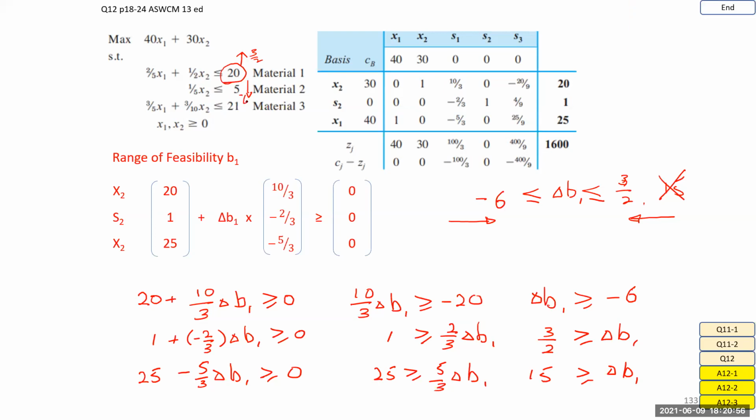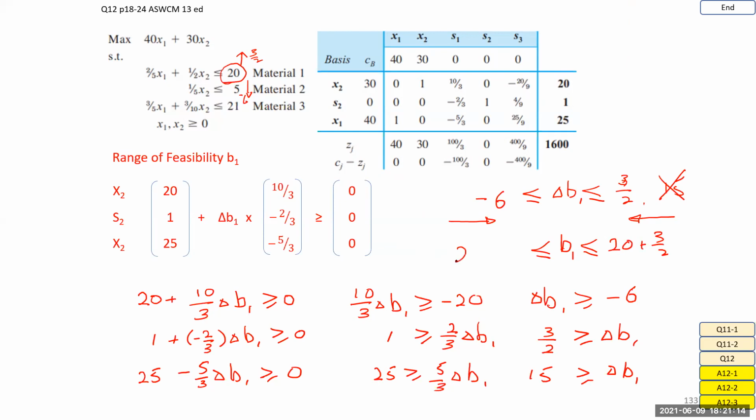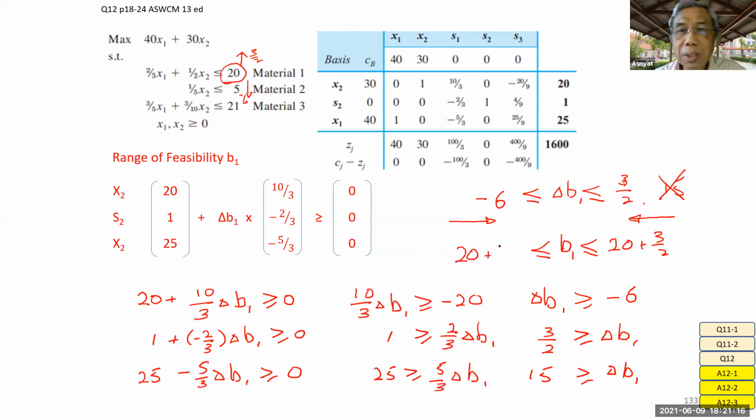So now B becomes B1, not delta B1 anymore. This amount of change: 20 plus 3 over 2, and the original 20 plus minus 6.